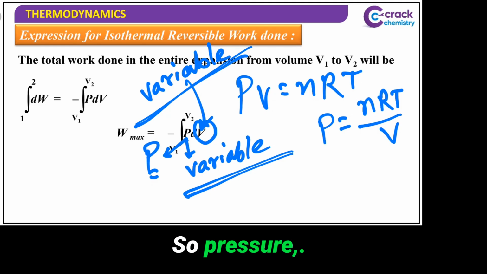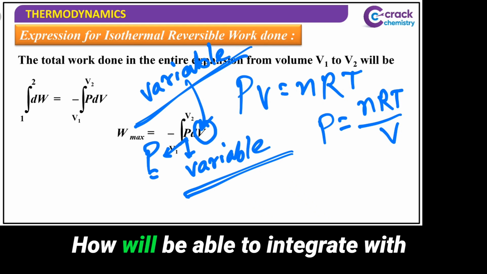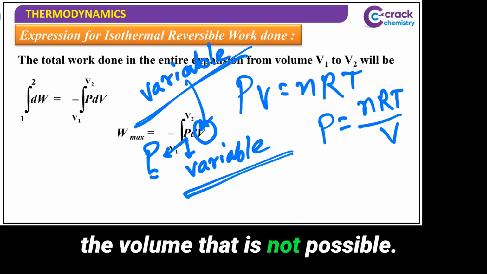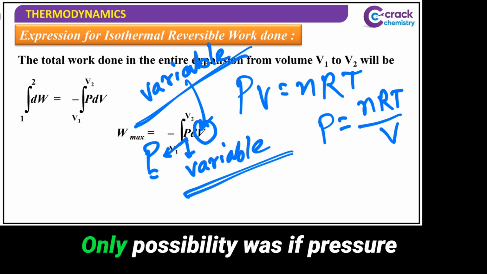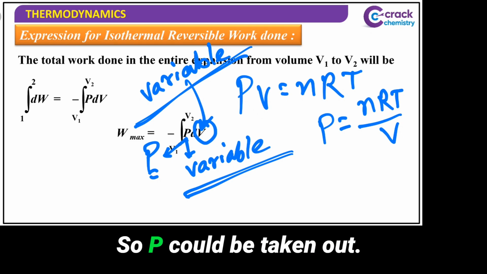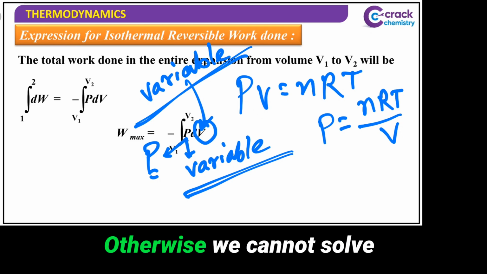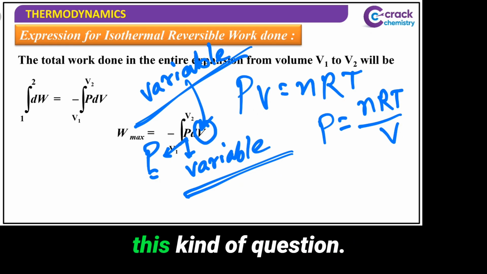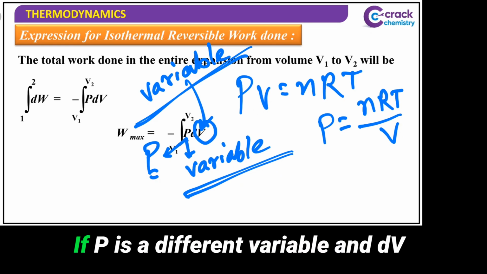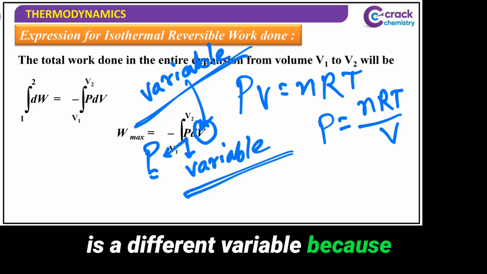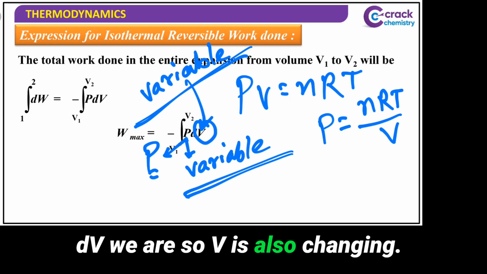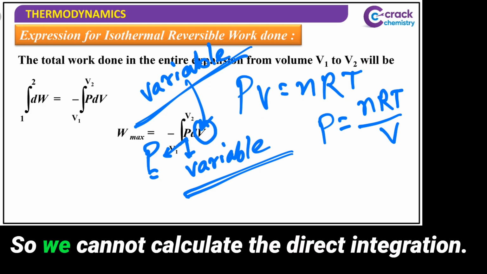How will we integrate pressure with respect to volume? That is not possible. Only if pressure were constant, P could be taken out. Otherwise we cannot solve this, because P is a variable and V is also changing, so we cannot do the direct integration.